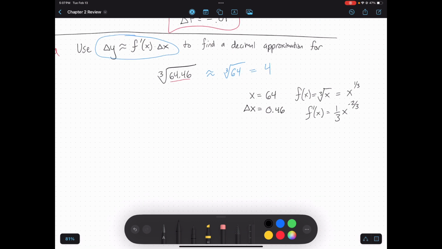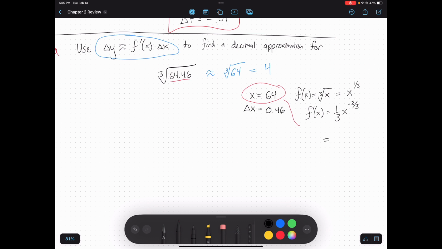So there's my derivative. But if I'm using this derivative to approximate what delta y is for this specific delta x, what x value am I going to plug into my derivative? I'm going to plug in this x value, 64, because I actually know what 64 to the negative 2/3 is.